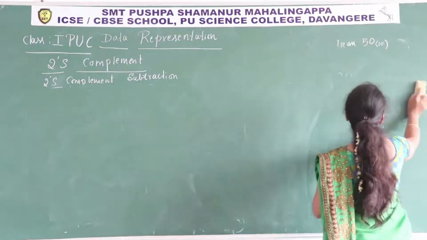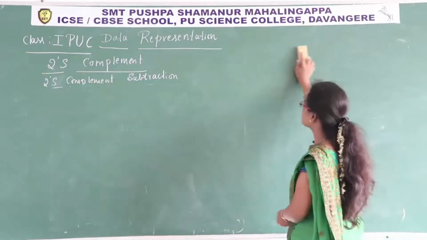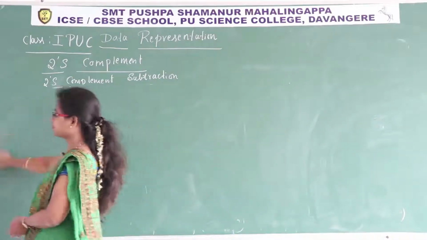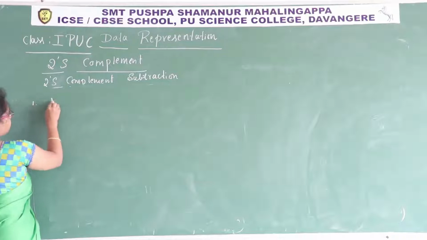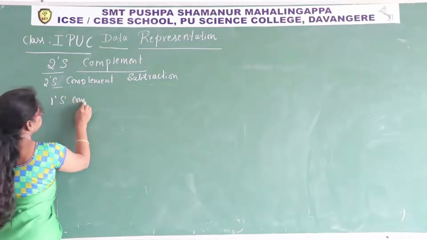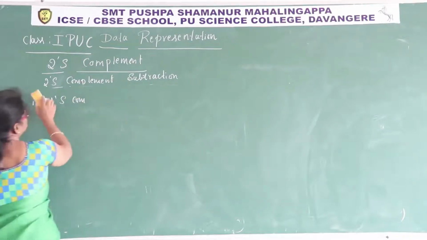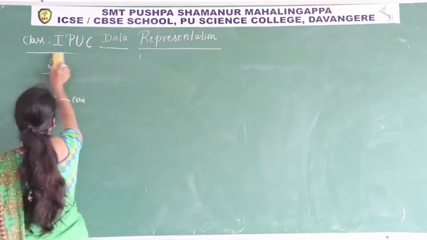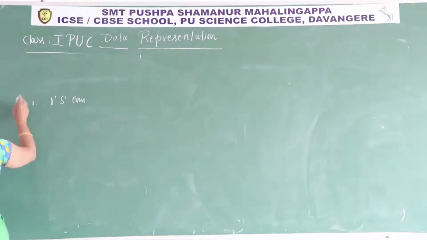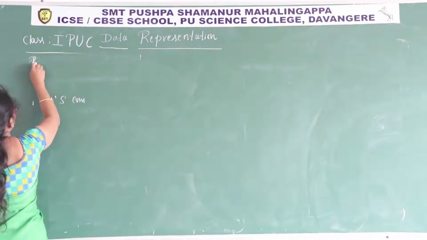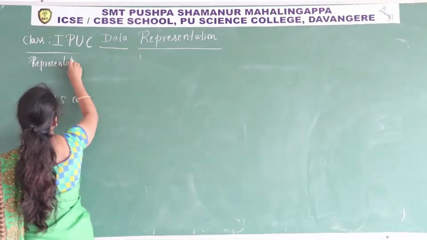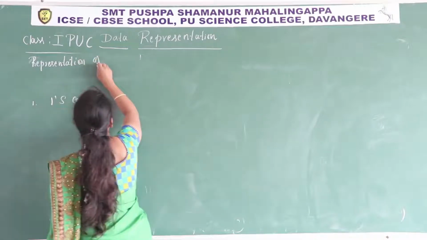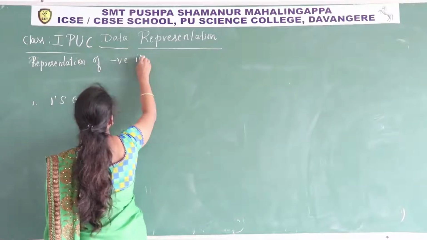There are 3 ways to represent negative integers. One is the 1's complement representation of negative integers.